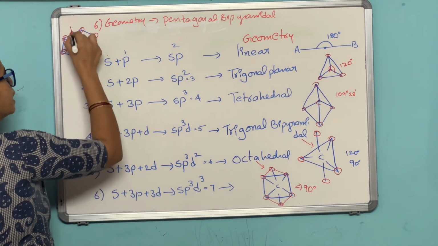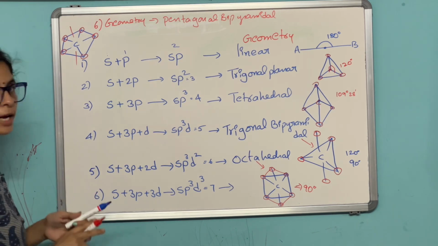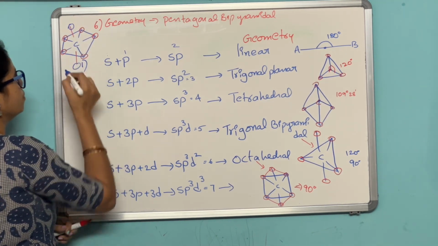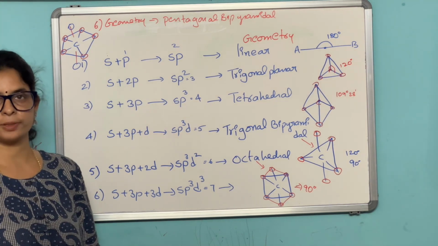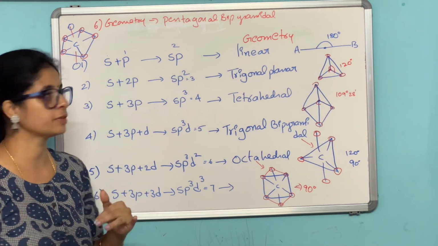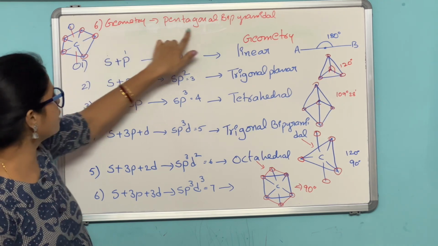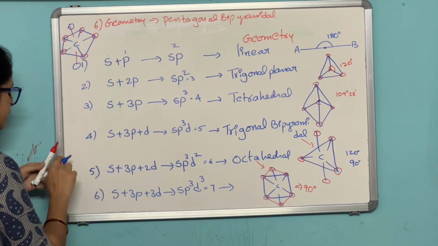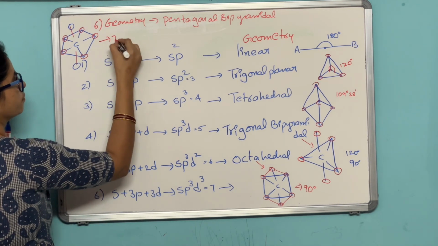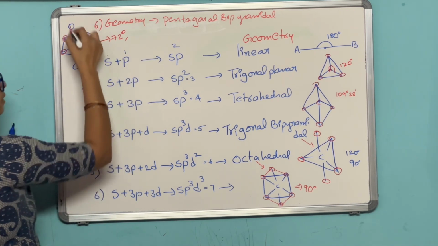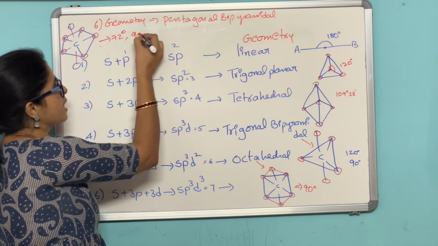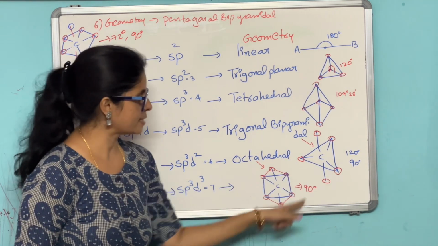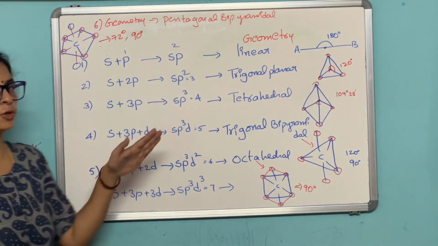Pentagonal bipyramidal: above the plane, below the plane. One atom above the plane of the pentagon and one atom below the plane of the pentagon. So here it is pentagonal bipyramidal. In the pentagon the bond angle is 72 degrees, and here 90 degrees.